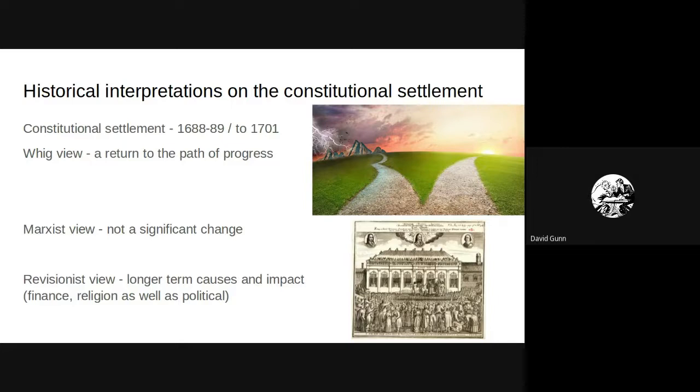So the Whig view, the traditional view of the Glorious Revolution and the settlement, was that this was a return to the path of progress. On the right-hand side, you can see that it's the path. On the left, there is tyranny and absolutism, and on the right is prosperity and democracy, parliamentary democracy and things like that. What the Whigs argued in the 19th century and onwards is that this was a return to that path of prosperity.